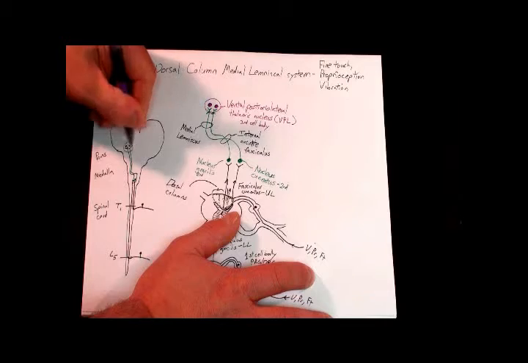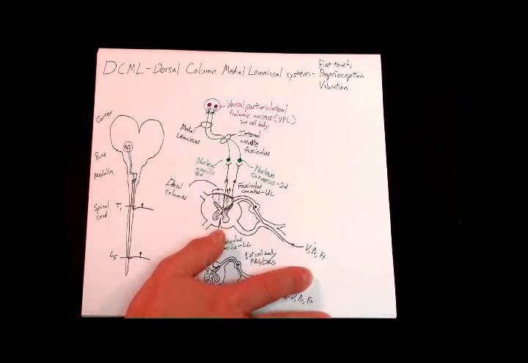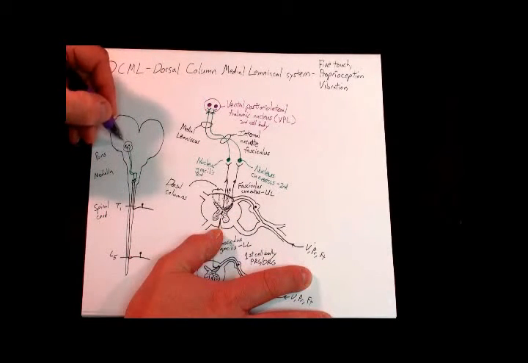Synapses in the VPL. At this point, these ascend in what's called the internal capsule, and they go to the specific region of the cortex where they are meant to go by the somatotopic mapping.